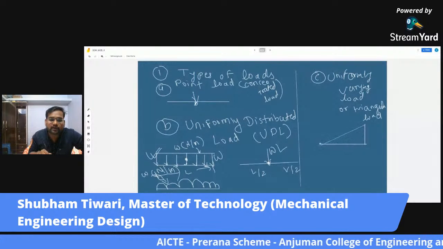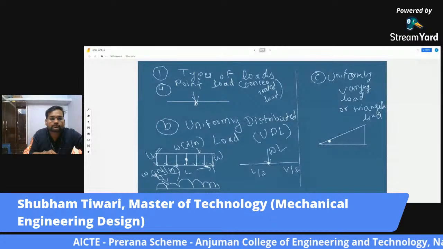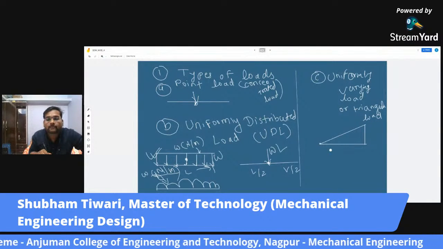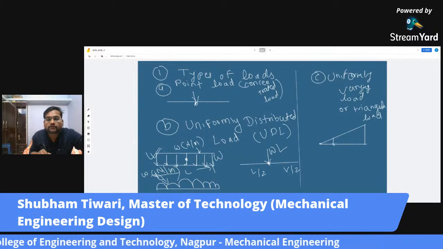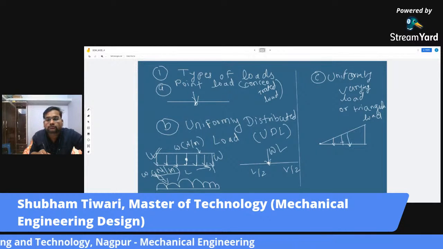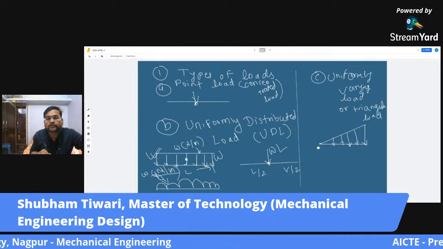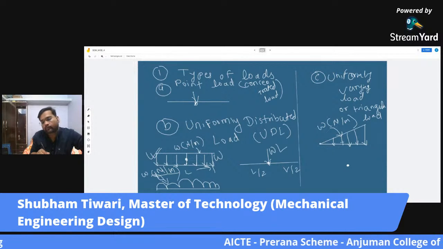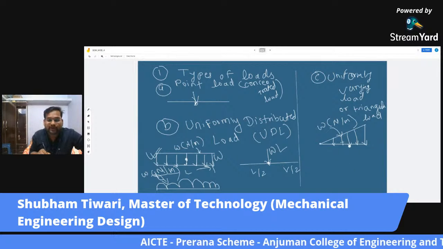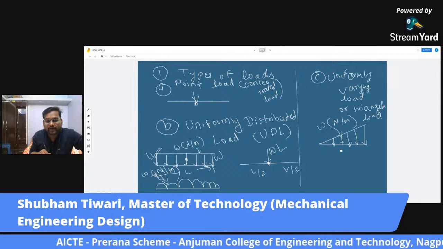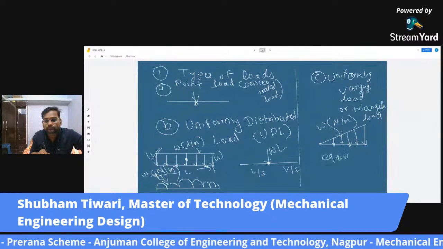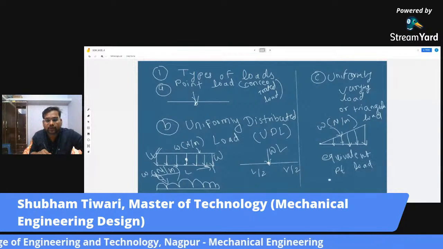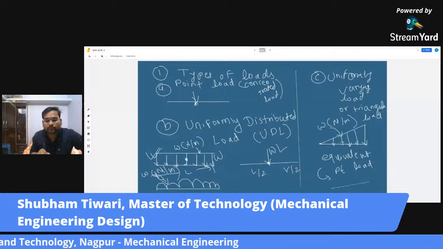At this point it is uniformly varying, so gradually increasing. Newton per meter. So again, if I have to draw the equivalent point load, then the diagram will look something like this.